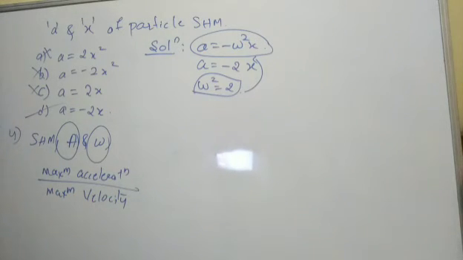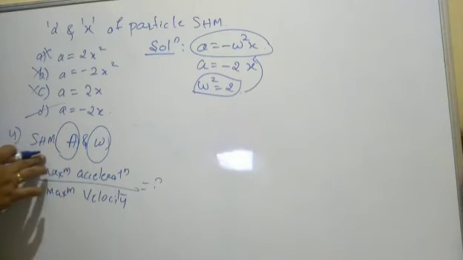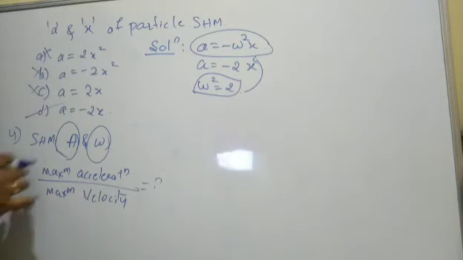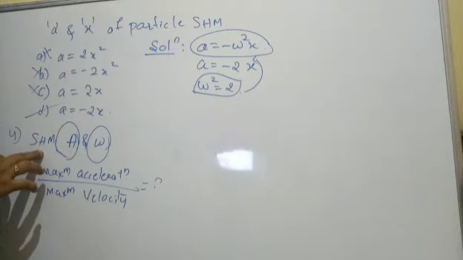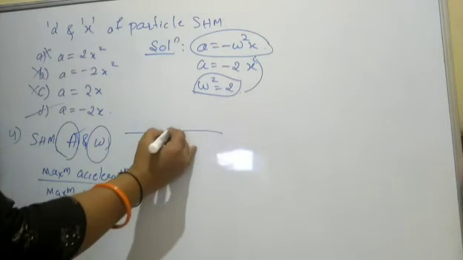So what will be the condition here? That is what they are going to ask, but the options are given. The question itself is simple, but it is in a statement, so I have not written it here. A particle executing simple harmonic motion with the amplitude. I'll draw the diagram.